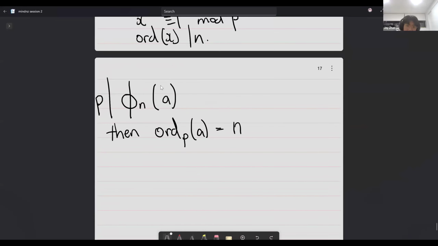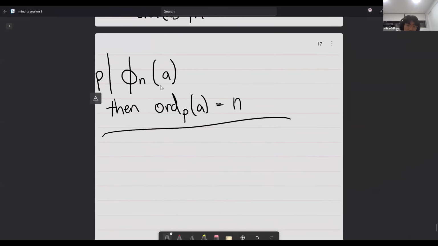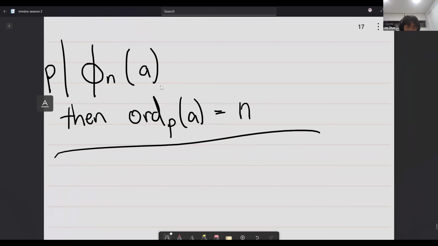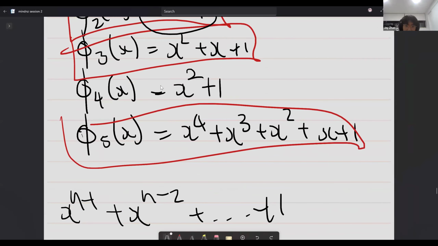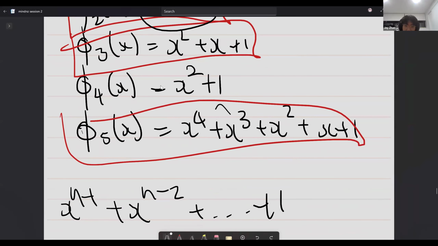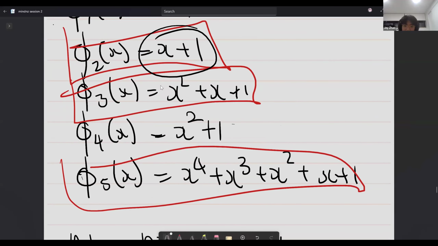So another important thing is that all the coefficients of the cyclotomic polynomial are either 1, minus 1, or 0 when a term is not there, and the constant term is always plus or minus 1.